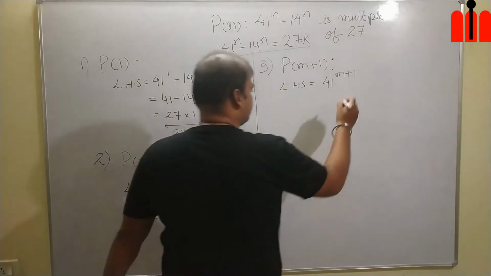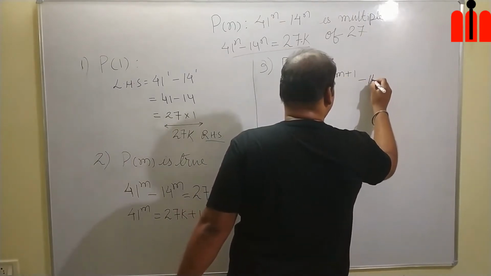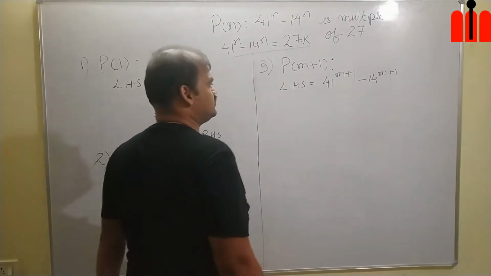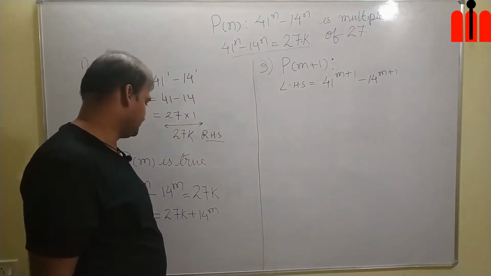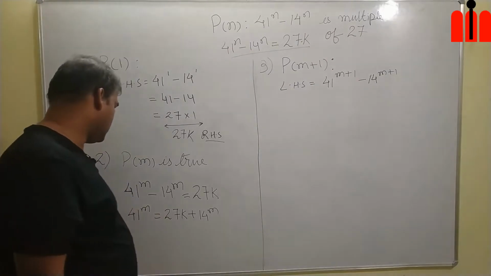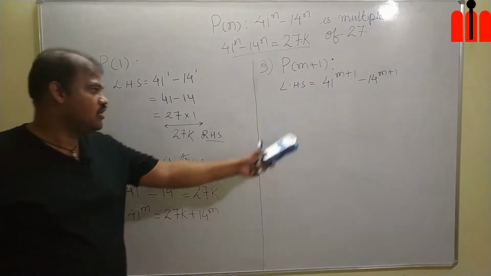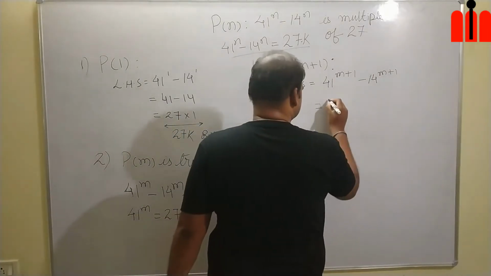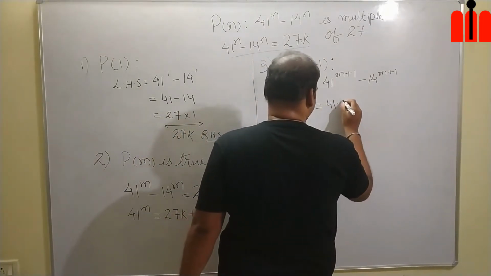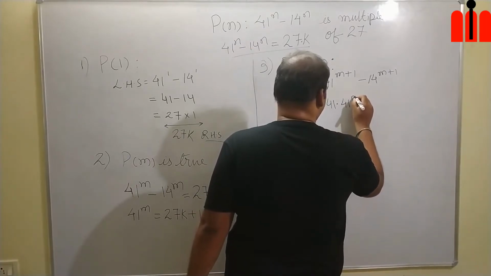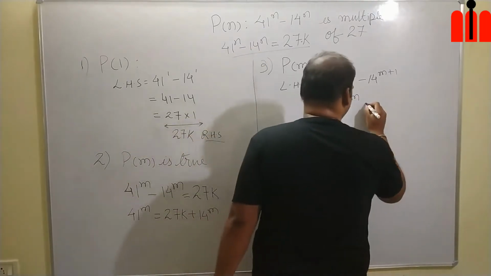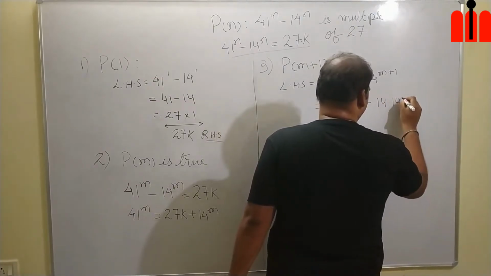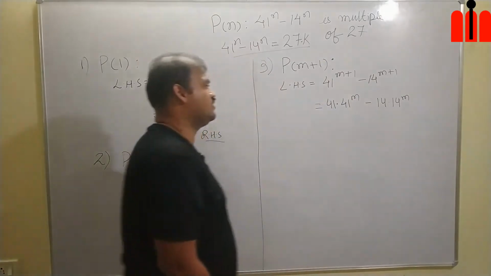So 41 to the power of m plus 1 minus 14 to the power of m plus 1. Now we can write 41 to the power of m plus 1 as 41 into 41 to the power of m. Similarly, we can write 14 into 14 to the power of m.